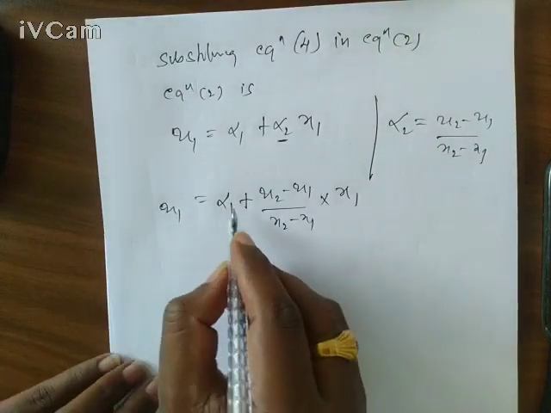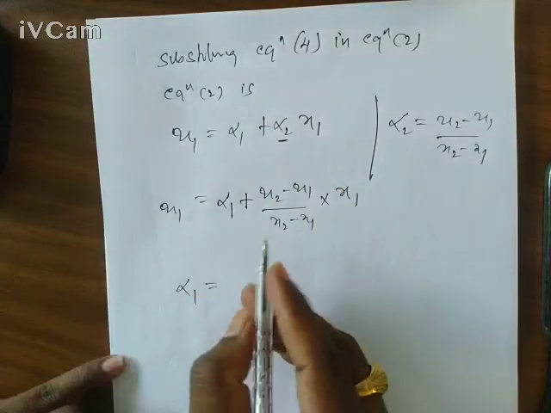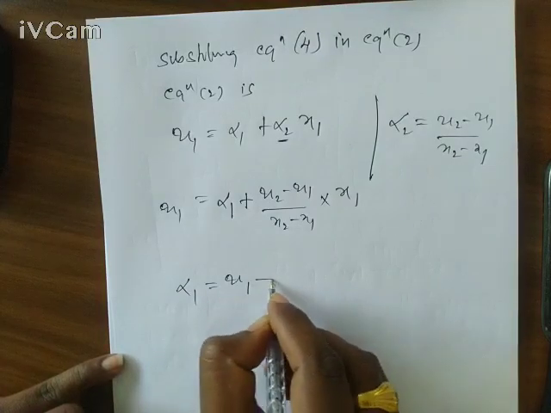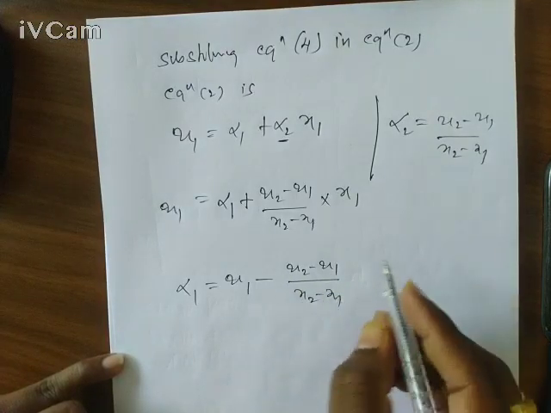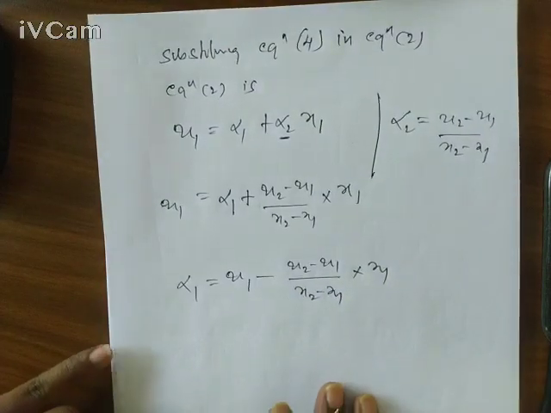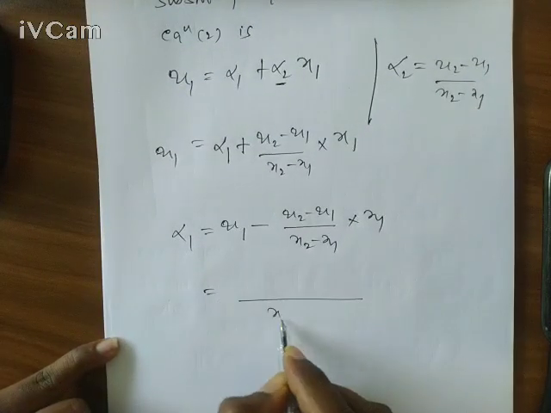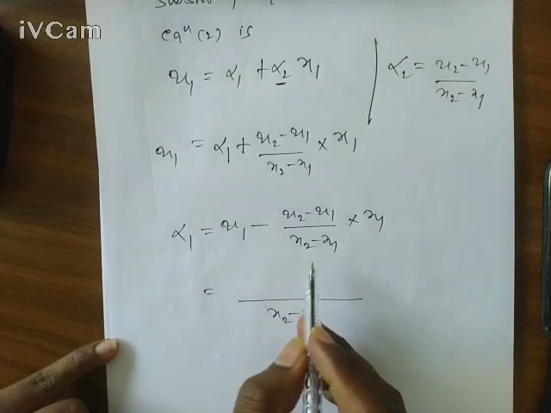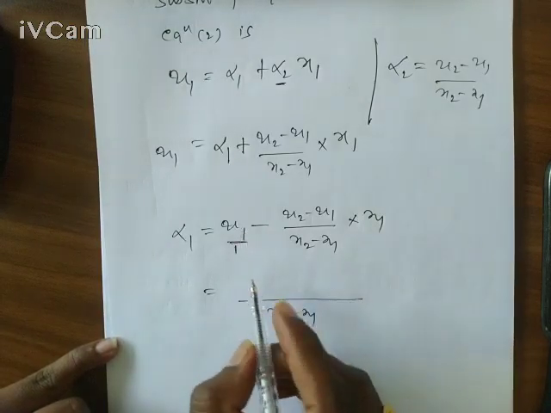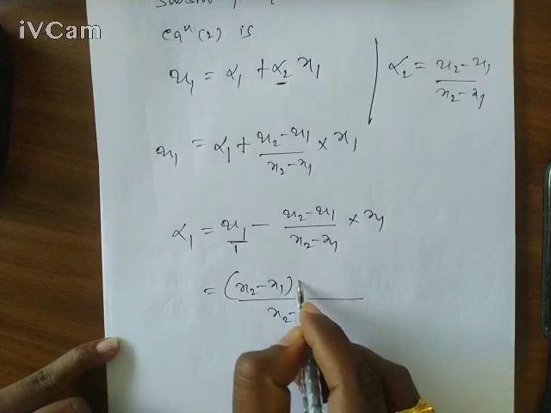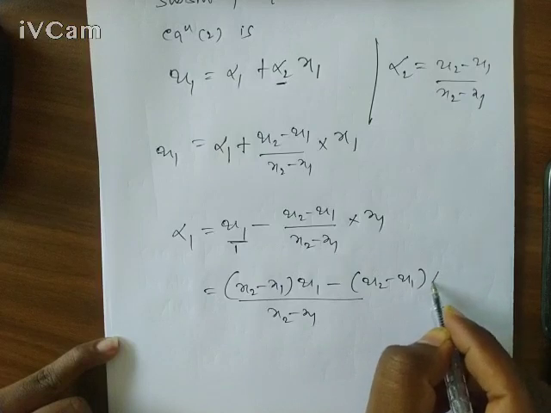Now I want alpha 1. So alpha 1 is equal to, bringing this term to my left side, u1 minus of u2 minus u1 divided by x2 minus x1 into x1. Here I am going to take the LCM, x2 minus x1. If nothing is there, 1 is going to be here. So x2 minus x1 into u1 minus u2 minus u1 into x1.